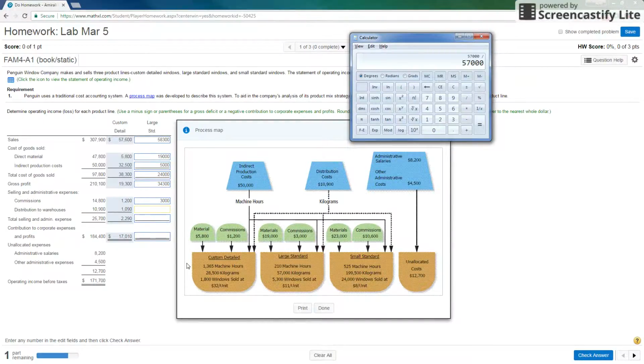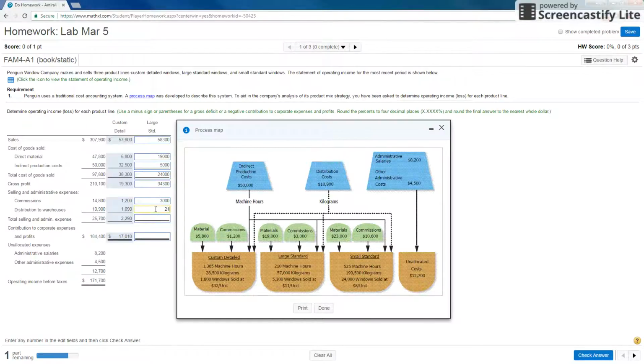So 57,000 divided by 285,000. It's 20% of that 10,900 that we are looking for, and it's 2,180. And so the total will be 5,180. So this number minus the gross profit that we have will be 29,120.